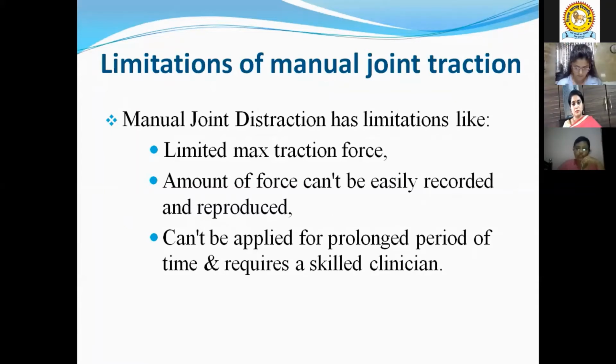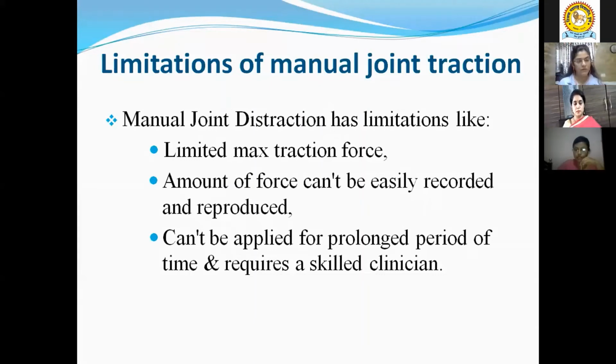If the person is obese or overweight, or the therapist is lean, at that point we cannot apply the exact force required. Then we have to depend on another therapist, or the traction force is not effective for the patient. The amount of force can't be easily recorded and reproduced.